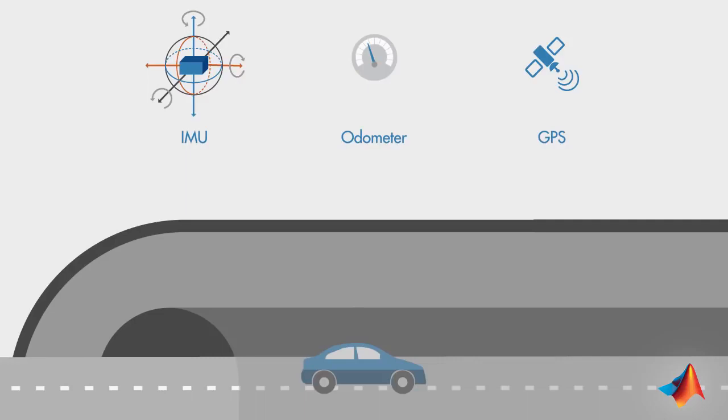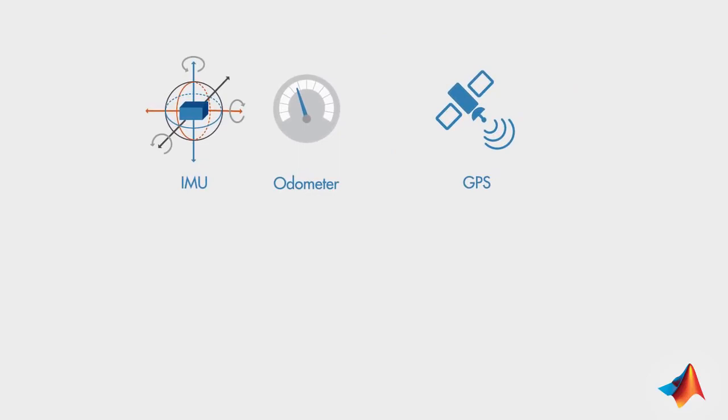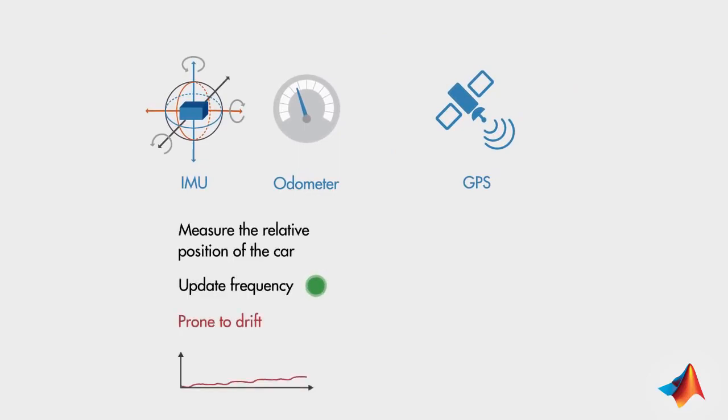To get better position estimates, you can use IMU measurements along with odometer readings. But note that odometer measurements may be affected by the tire pressure and road conditions. To summarize, your sensors measuring the relative position of your car give you fast updates, but they are prone to drift.